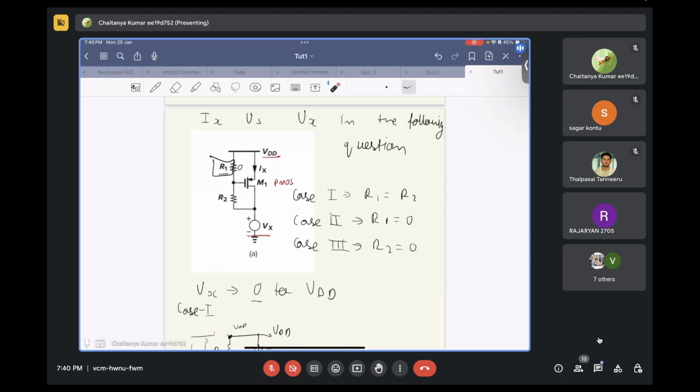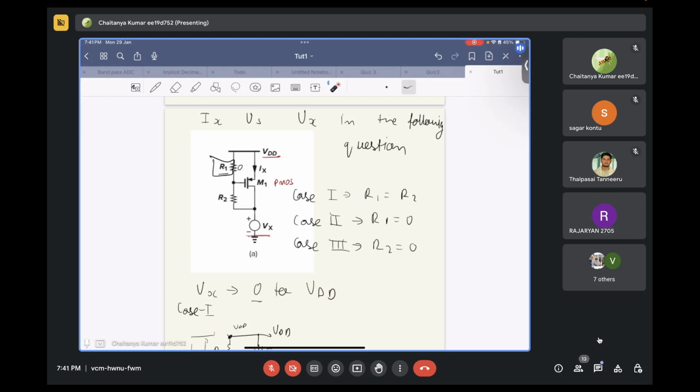I think with this much logic, you can solve for R2 equal to 0. You guys can try it out after this session for this particular case, the third case.